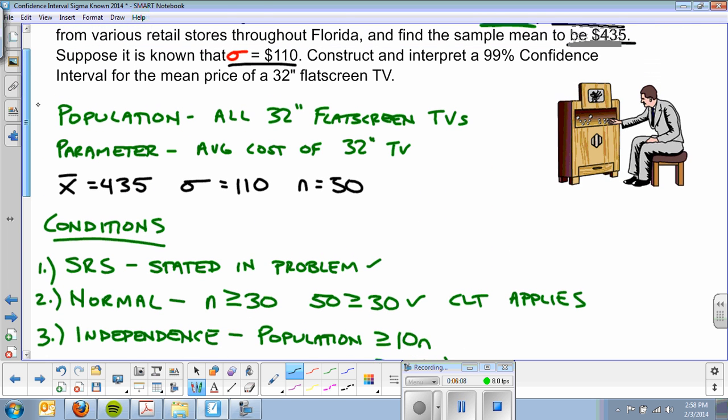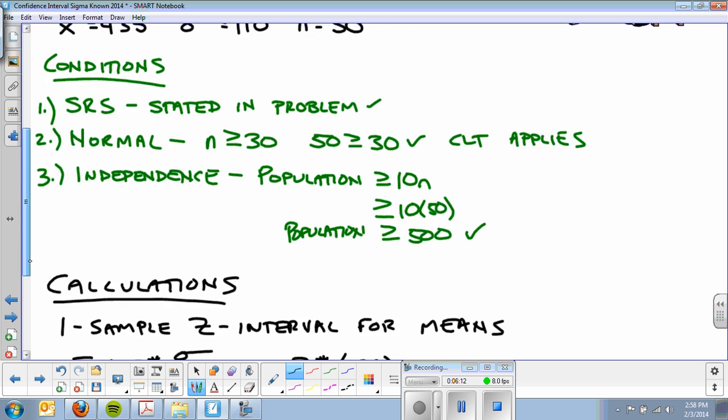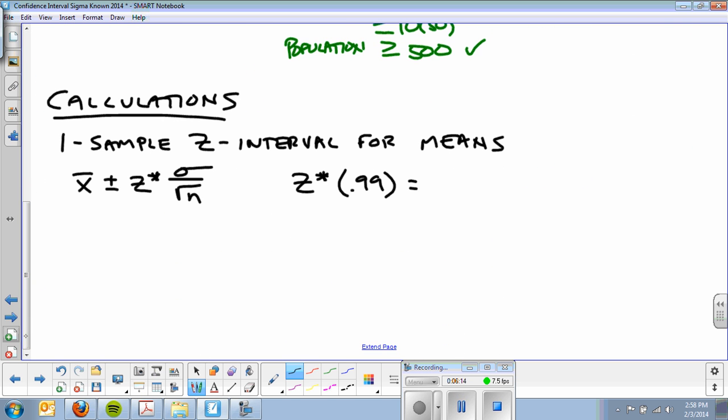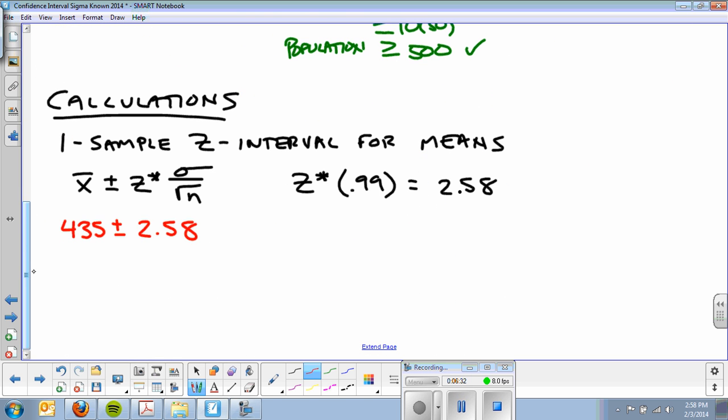Right here we have construct and interpret a 99% confidence interval. So z star for 99% is 2.58. And now we plug and chug. X bar was 435 plus or minus 2.58 times the standard deviation, which was 110, divided by the square root of 50.